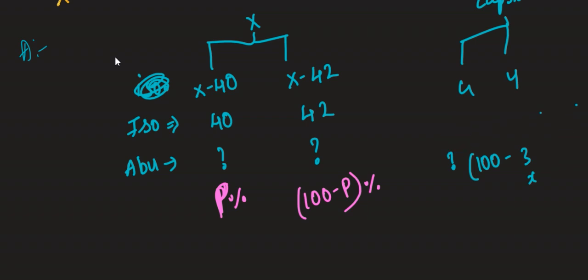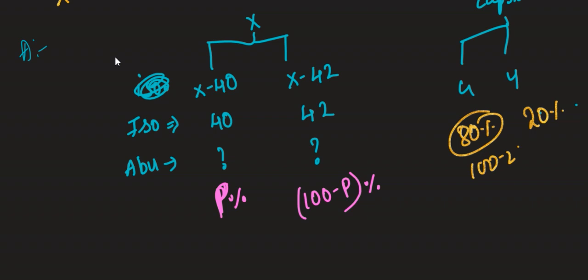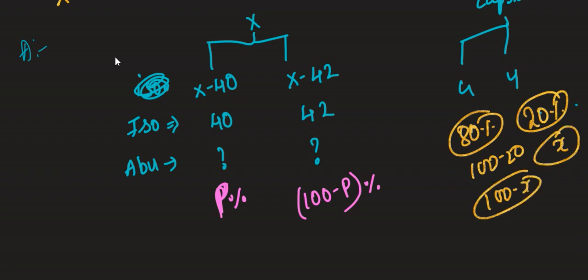If there are two capsicum, green and yellow, and yellow is 20%, then green should be 80%, which is 100 minus 20. If yellow is x, then green must be 100 minus x. I hope you understood how I took p and 100 minus p.